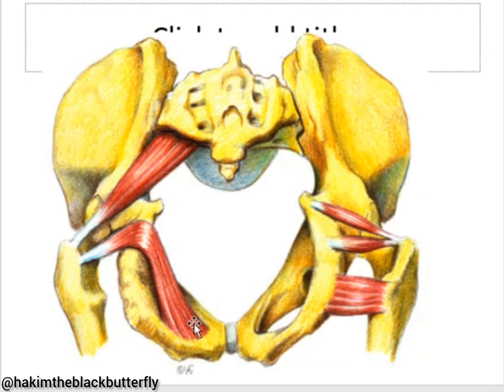From the inner aspect of the obturator foramen, it passes through the lesser sciatic foramen and enters the gluteal region and goes and inserts on the greater trochanter. You can see our gemellus superior from the ischial spine and gemellus inferior from the ischial tuberosity, inserting at the greater trochanter.